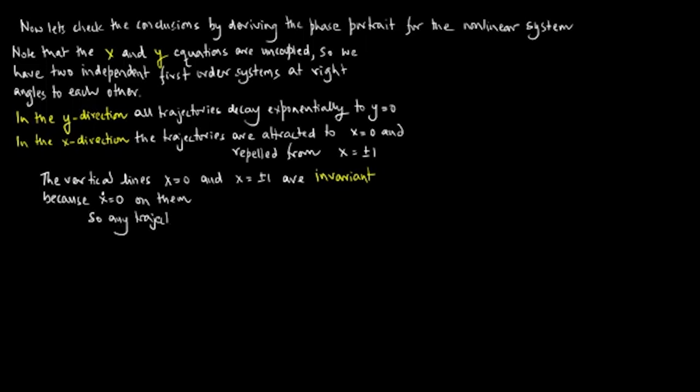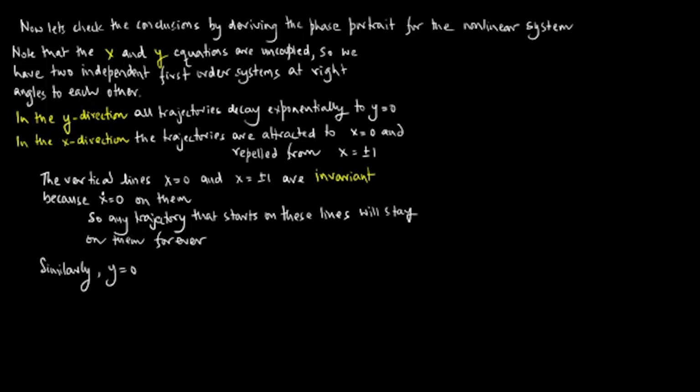So any trajectory that starts on these lines will stay on them forever. Similarly, y is equal to 0 is an invariant horizontal line.